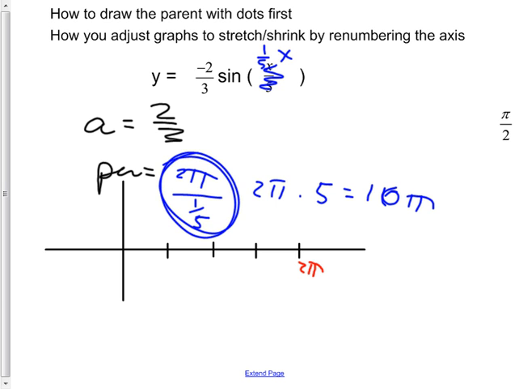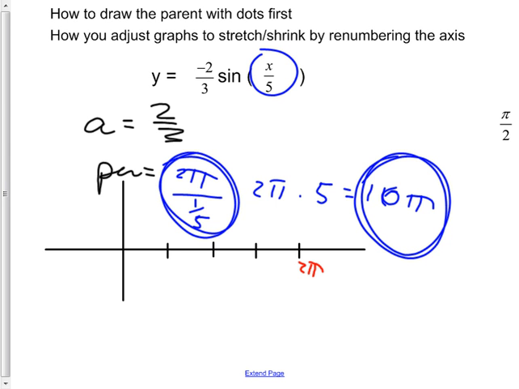If you put this or this, raise your hand. Good. All right. So a lot of you didn't know what to do on that. That's a little scary. That's probably just because you didn't know that this was really 1/5 times x. All right. And you would not want to leave it this way because it's not simplified all the way. So 2 pi times the 5, 10 pi.